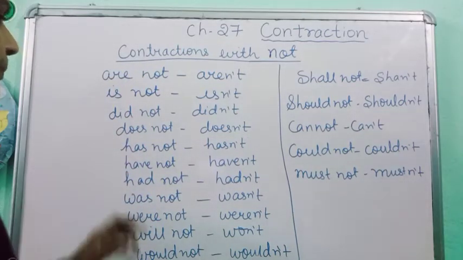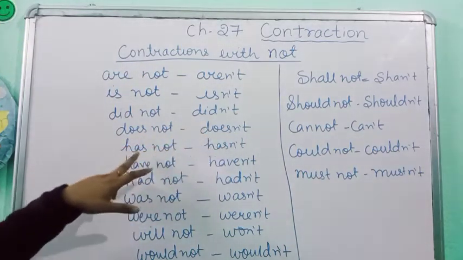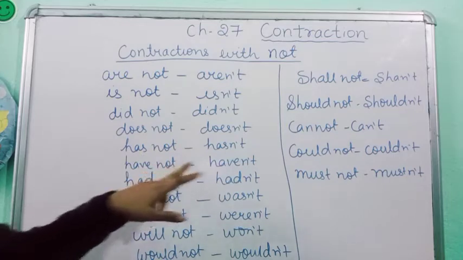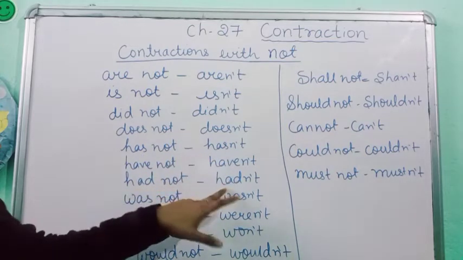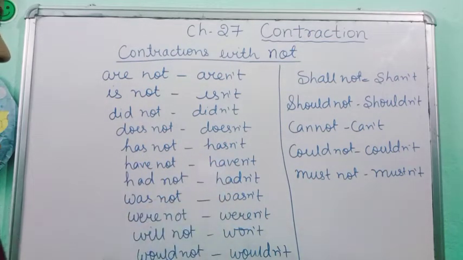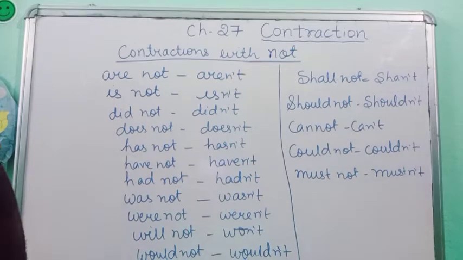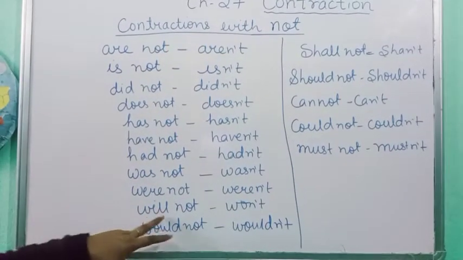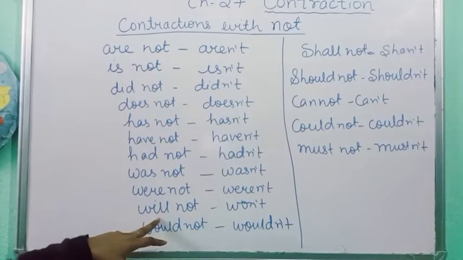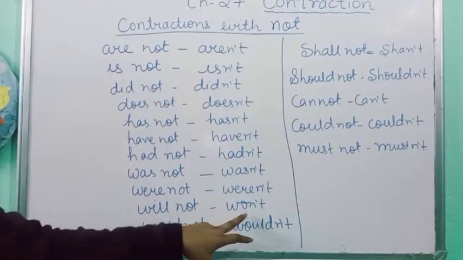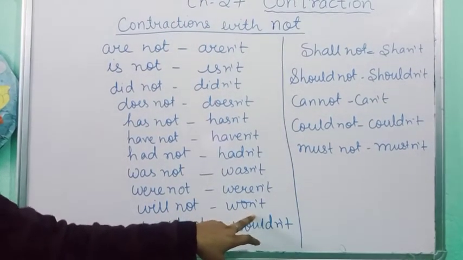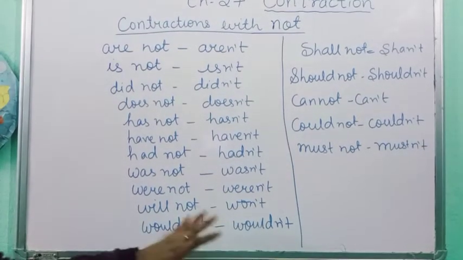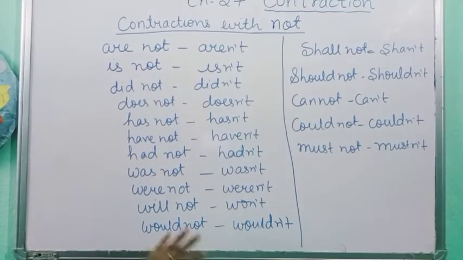Does not, doesn't. Has not, hasn't. Have not, haven't. Had not, hadn't. Was not, wasn't. Were not, weren't. Will not, won't. I stress this word because something changes here: we don't use will, we use won't, W-O apostrophe T. So the whole word changes in the contraction of will not.